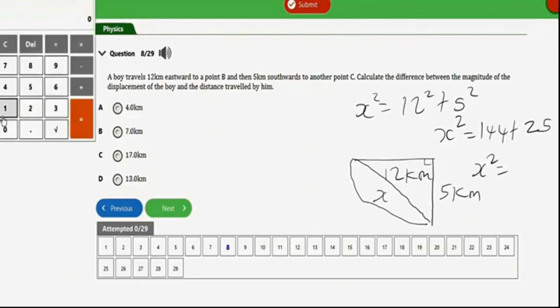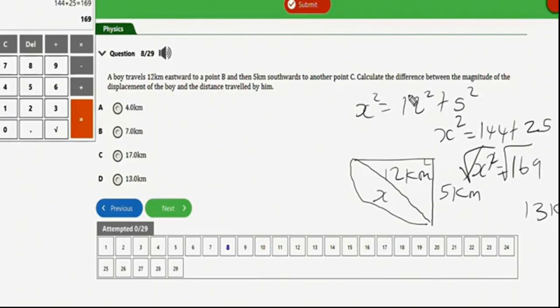When you do 144 plus 25, you have 169. To make x the subject of the formula, you square root both sides. So square root of 169 will give you 13 kilometers. So we have gotten the magnitude of displacement.